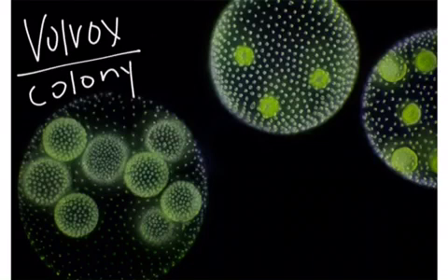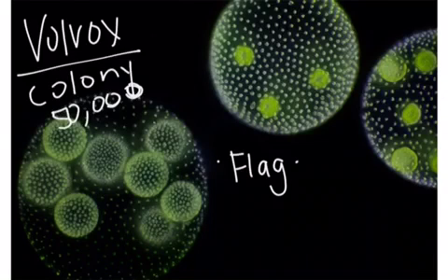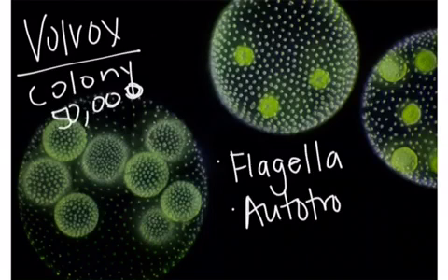Each of these spheres, these circular structures, are shaped like a ball, and they contain up to about 50,000 individual Volvox protists. Now, these do not look that large, but 50,000. The Volvox, again, movement have flagella. So their movement is just like the euglena, except they have flagella. Nutrition, again, green for a reason, because they are autotrophs and undergo photosynthesis.